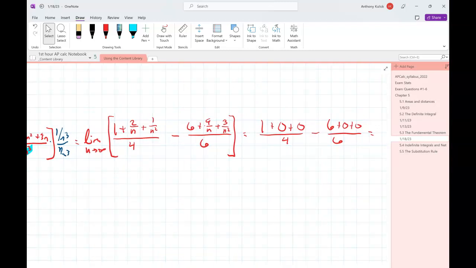Okay. Again, on a test, would I ask you to do something like that? No, I won't ask you to do that. On the test that I've written for you here, you're going to be using, to actually compute an integral, you're not going to be doing the limit of a sum.